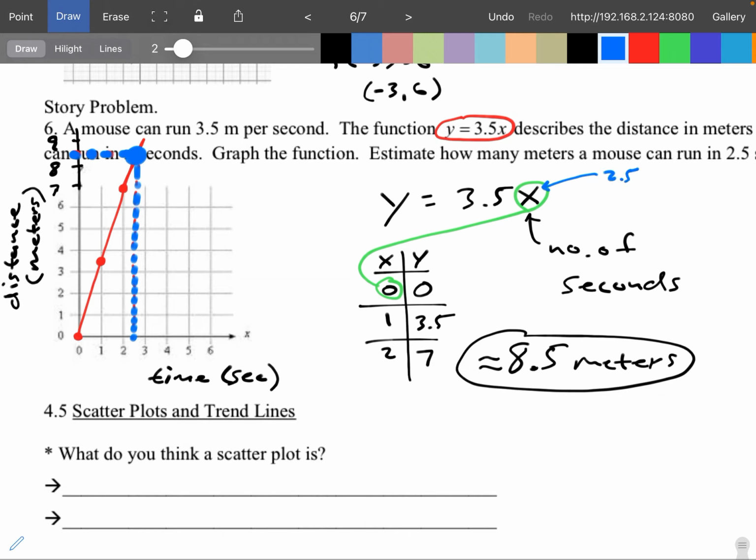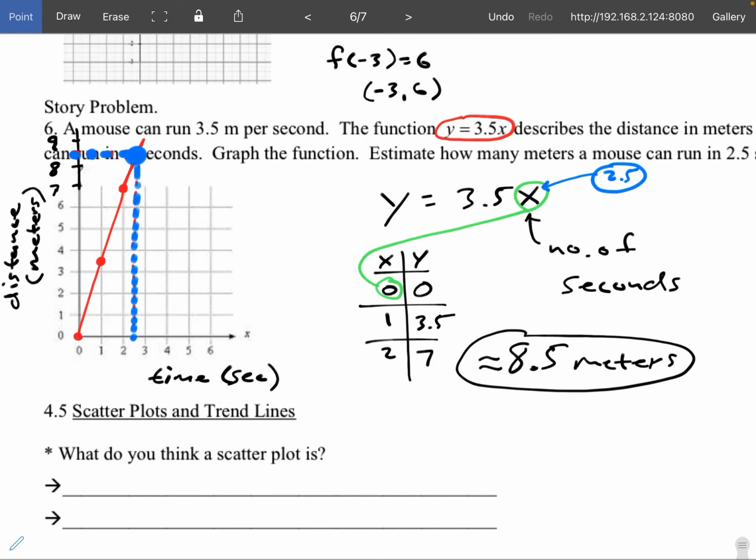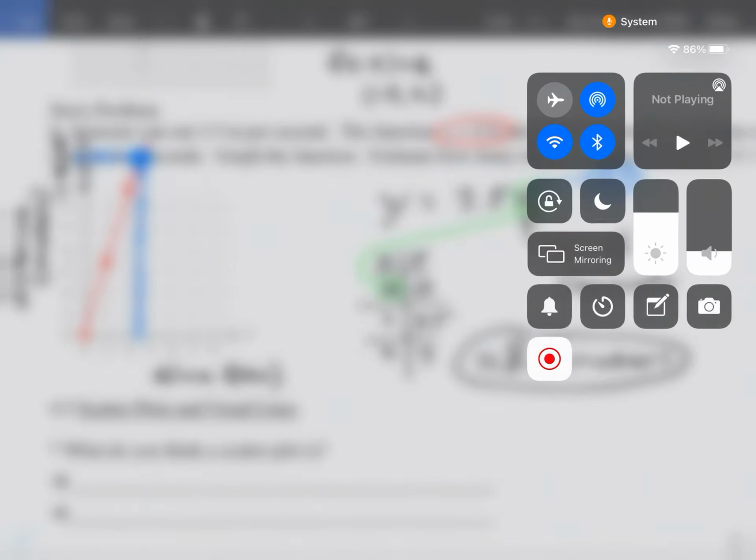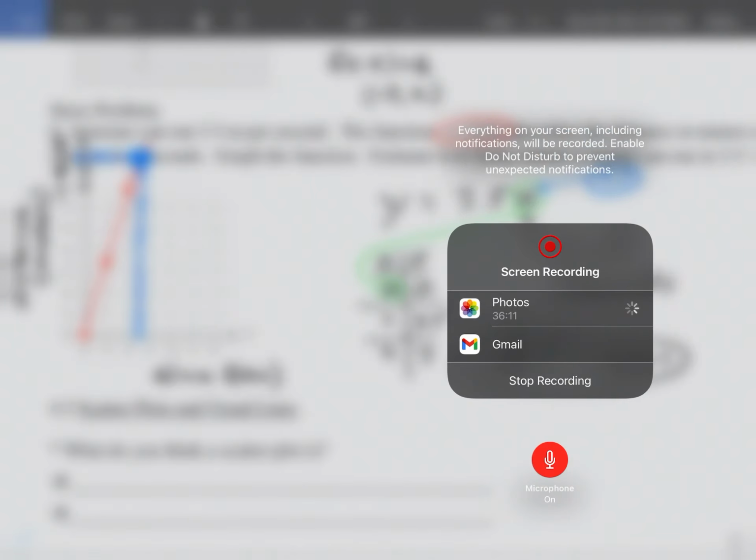In 2.5 seconds, the mouse is gonna run 8.5 meters. And if you wanna get the exact answer, we could just plug it in, couldn't we? Yeah, it's 8.7. If you wanted the exact answer, you could have just taken your 2.5 right here and plugged it in for x. So the exact answer would be 3.5 times 2.5.